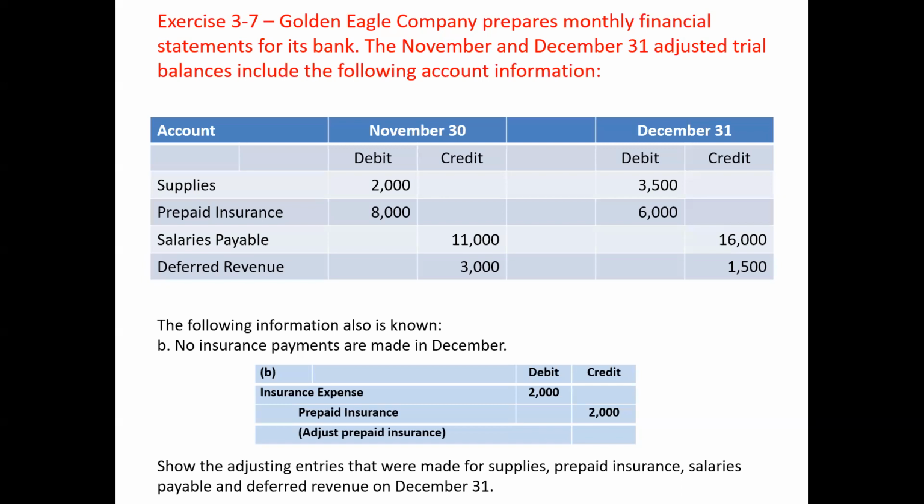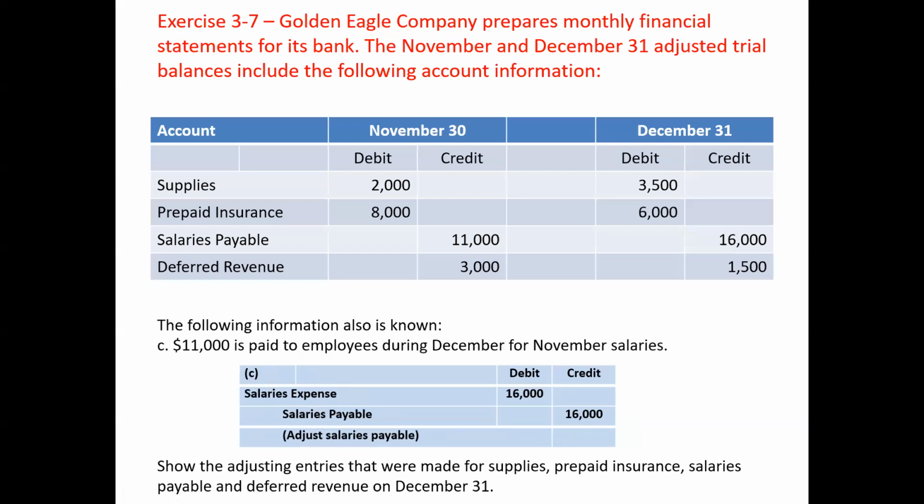So now it is an expense. That's what we're doing here. We're showing a debit to insurance expense of 2,000, and we're crediting prepaid insurance of 2,000. Remember, these are adjusting journal entries to show expenses just with the passage of time.